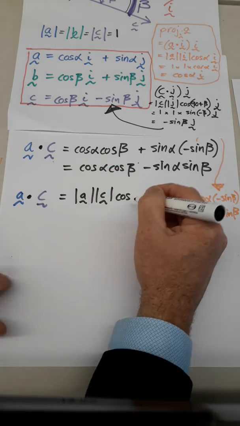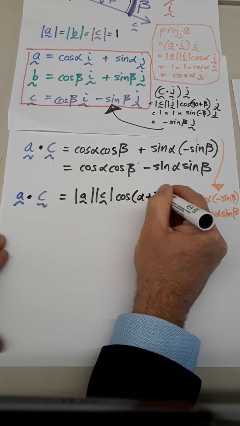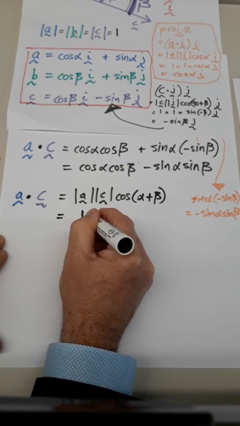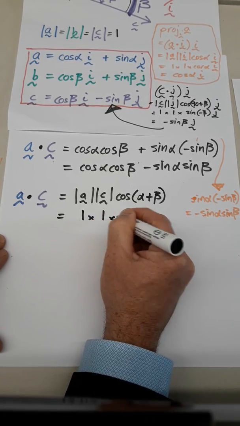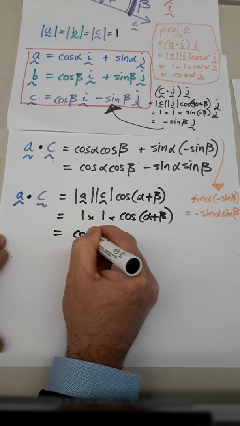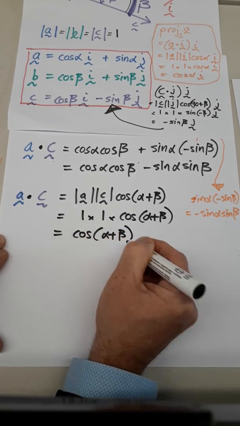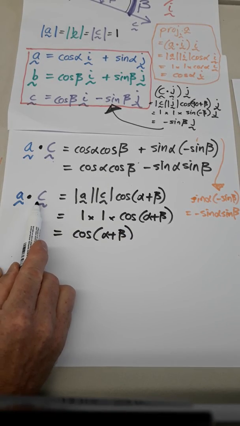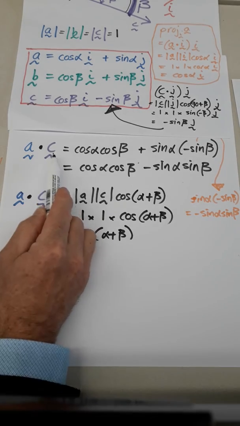So that'll be cos of alpha plus beta. These were unit vectors, so 1 times cos of alpha plus beta. So we get cos of alpha plus beta. A dot C equals this, A dot C equals that.